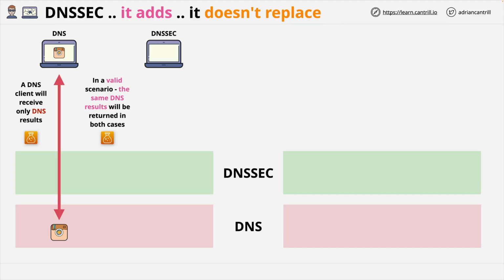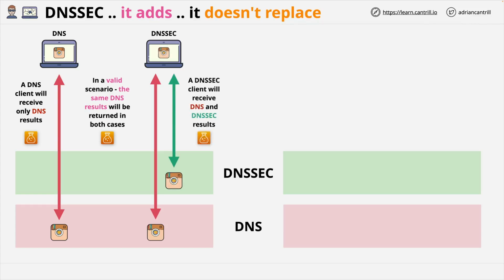A DNSSEC capable device though, this can do more than just normal DNS, so it still makes queries and gets back DNS results, but it also gets back DNSSEC results, and it can use these DNSSEC results to validate the DNS results. Assuming no bad actors have corrupted DNS in any way, then this will go unnoticed since the results are the same.